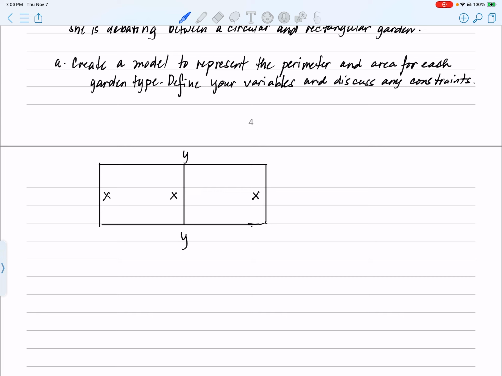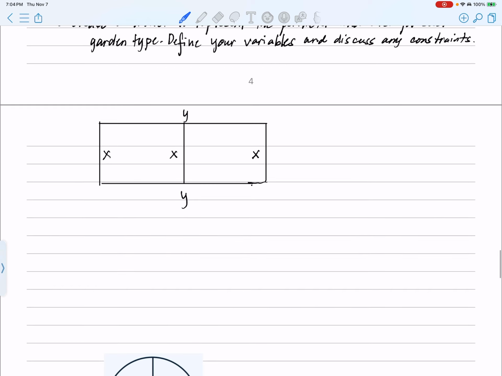So to help visualize the situation, this is for a rectangular plot. Because Kala wants to separate the fruit from vegetables with a row, we need to include the part of the fence in our calculation. So the perimeter will be the fence around the outside and the fence on the inside.